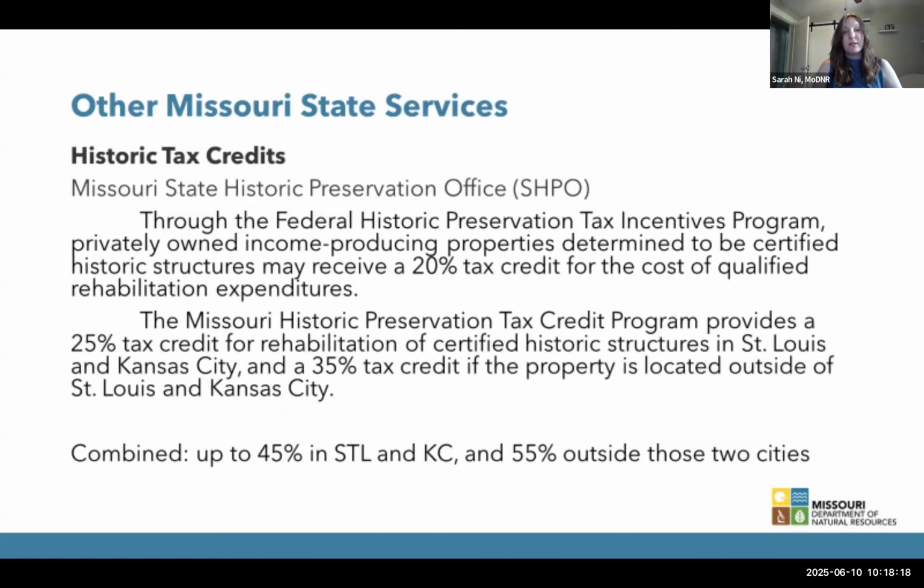But we also have a Missouri historic preservation tax credit through that program, and it provides a 25% tax credit for historic structures in St. Louis and Kansas City, as well as a 35% tax credit for rehabilitation expenditures if the property is located outside those two cities. So if you combine that together, just for the building, it could be up to 45% to 55% of your cost to rehabilitate those structures.